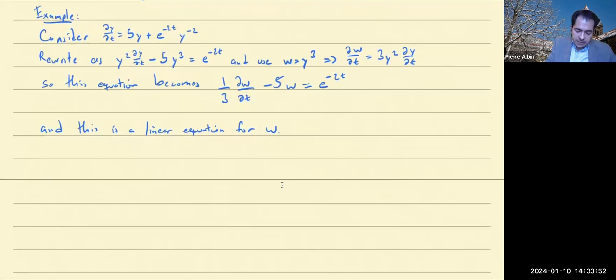Okay, next trick. This trick is called reduction of order.